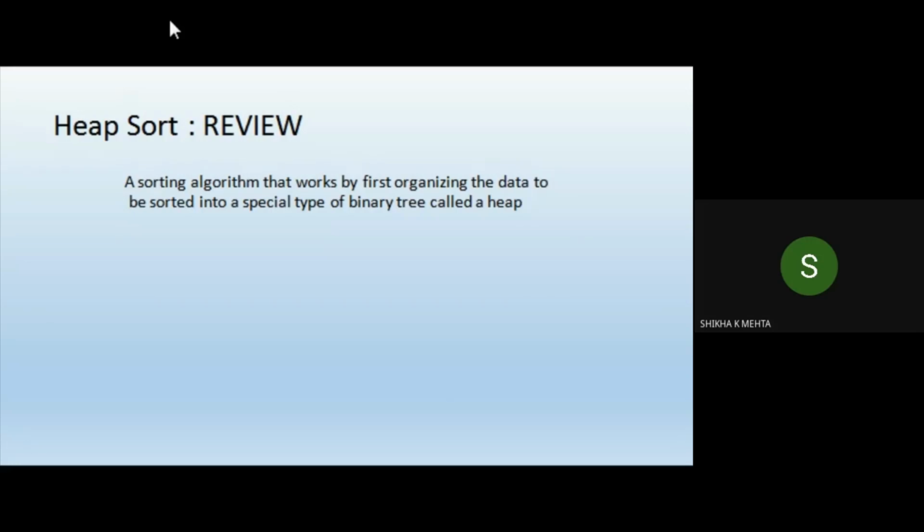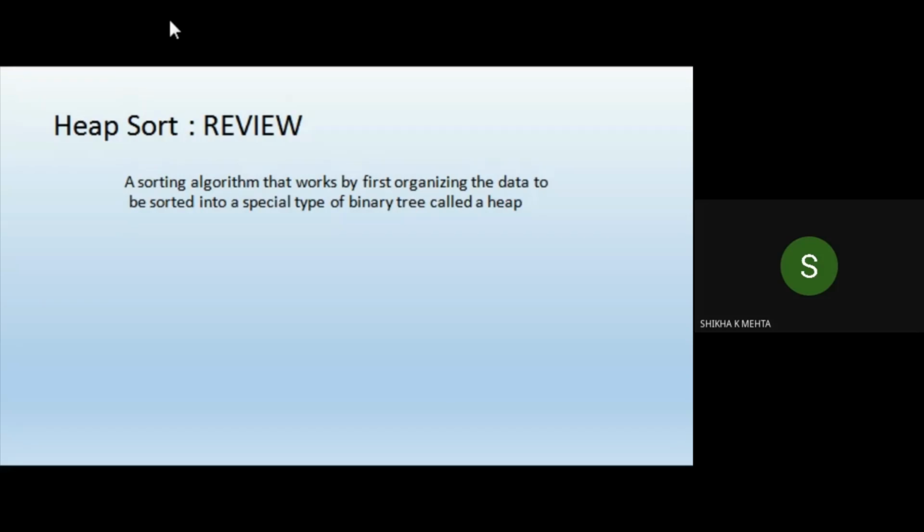In this case we are going to create a max heap, with the condition that the parent node will have the maximum value among the three, the parent and both the children. So the maximum value will be assigned to the parent node.